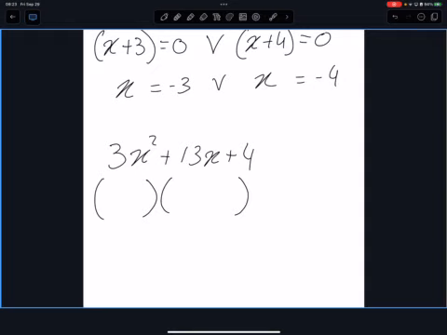So, one thing you should look for is this number up front. Something multiplied by something equals 3.